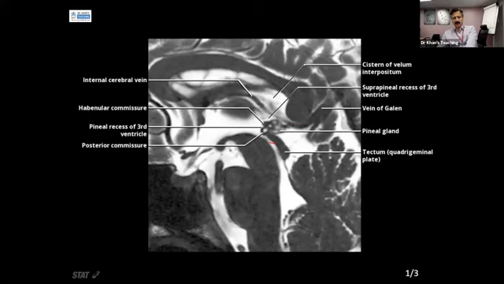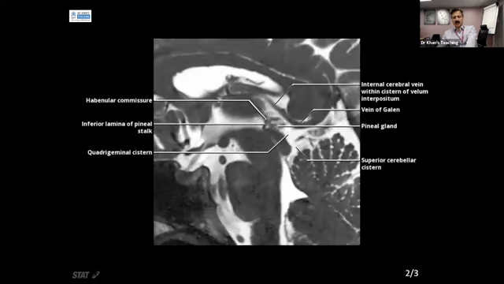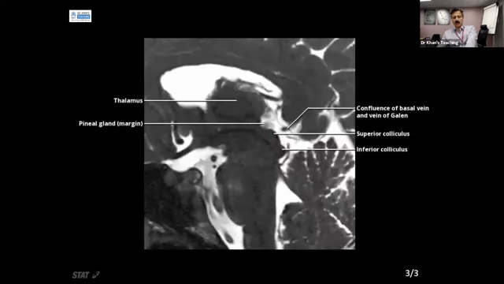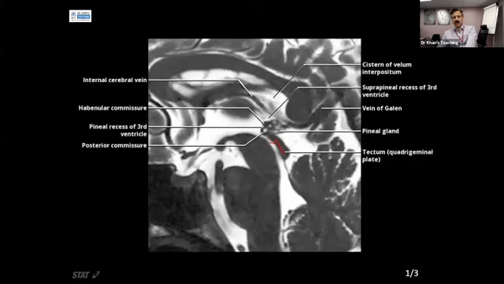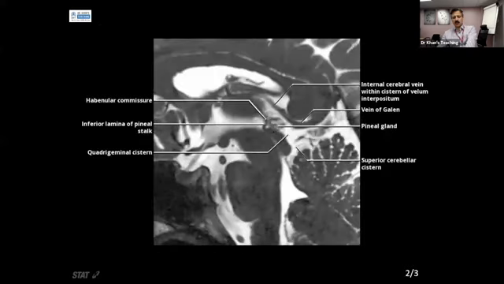This thing here is the tectal plate, also known as quadrigeminal plate, also known as tectum, on which superior and inferior colliculus will be there. And this is tegmentum. If I go right and left, you can see the superior colliculus and inferior colliculus very well. So these are paired structures, two on right and two on left.